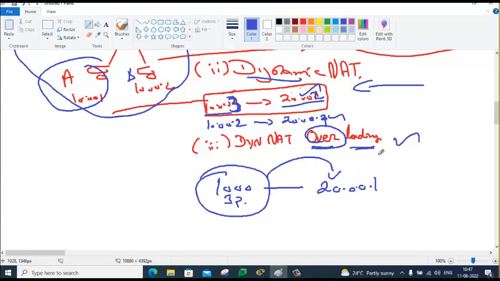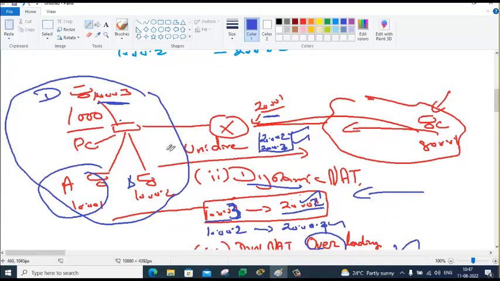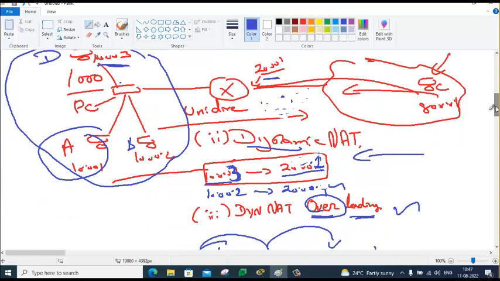How is that possible? First of all, what is the challenge in this? Let us see. Listen. I told you dynamic NAT overloading is you will just use one address for all. If D is talking, one address is given. What is that? 20001. If B is talking, B also gets the same address.